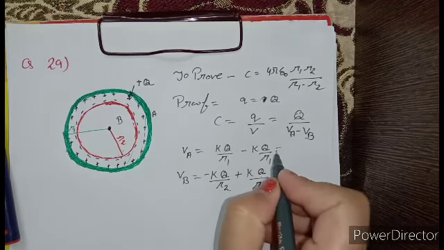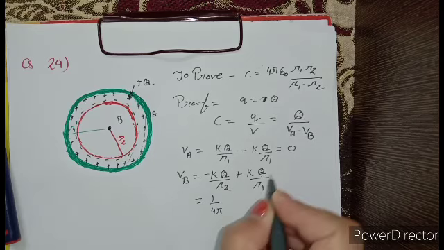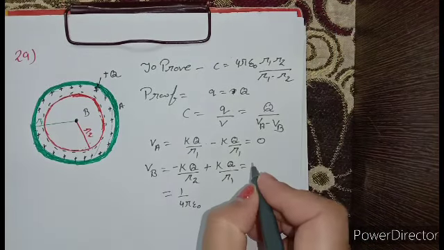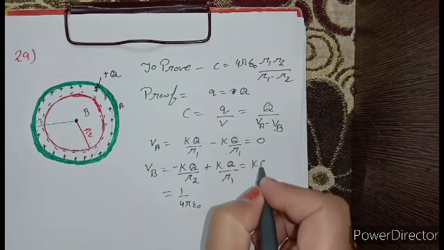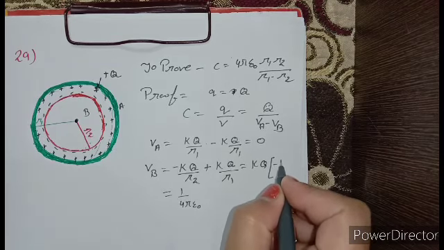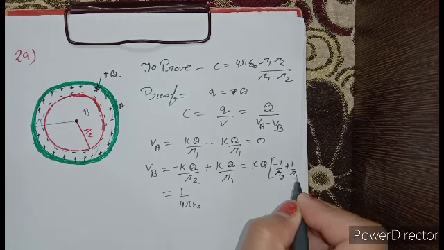So this value becomes equal to 0, and K equal to 1 upon 4 pi epsilon naught. Here K and Q are common, then minus 1 upon R2 plus 1 upon R1.